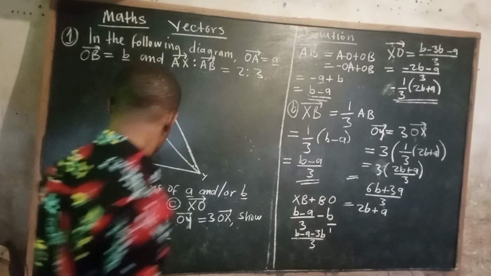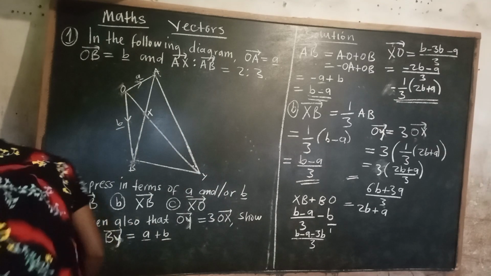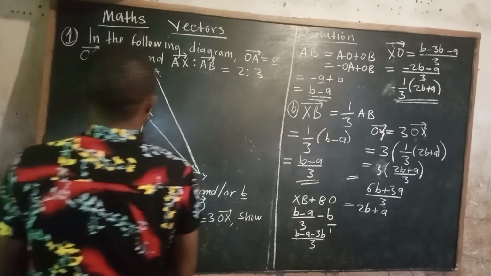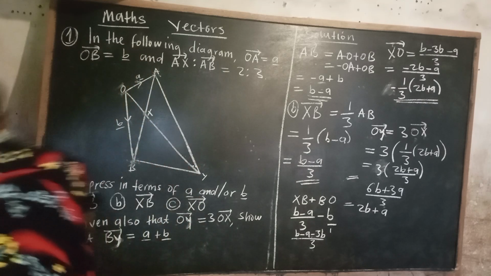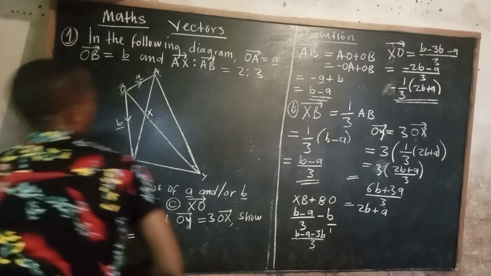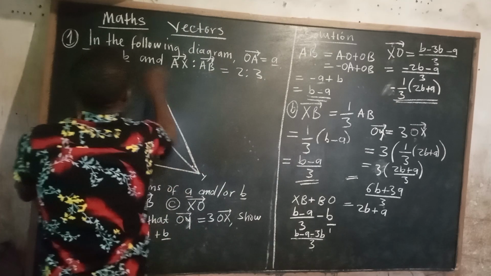Now looking at the space, I think we are going to wrap the first part there so that we can see the question itself, so that we can have a space where to actually write the final answer.